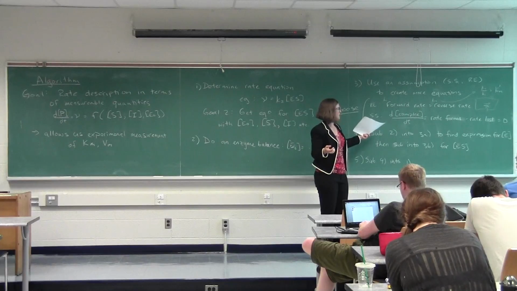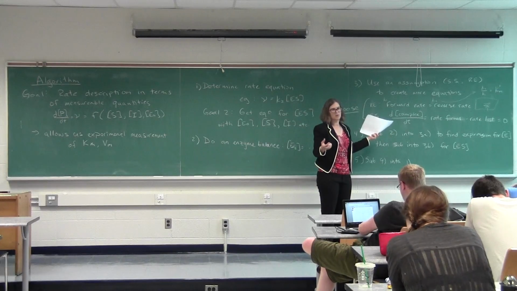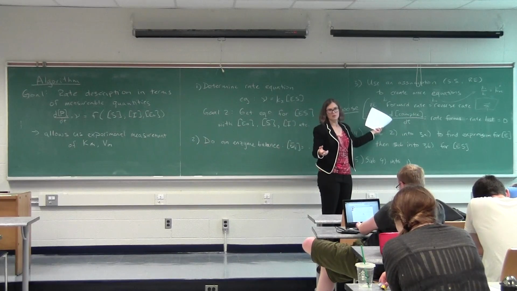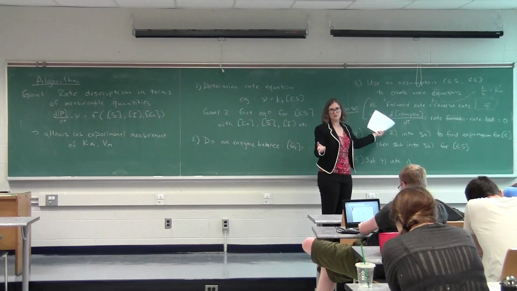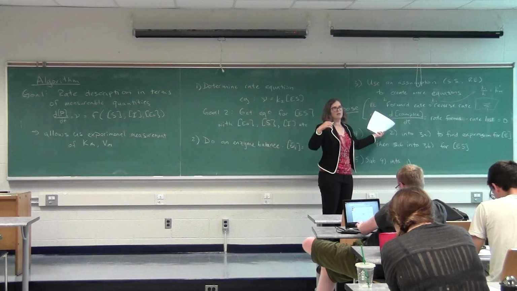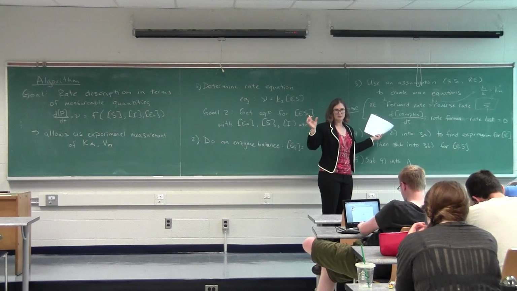Similarly, for steady state, if you have 2 different enzyme complexes, say one that includes the inhibitor, then you get 2 equations out of this because you have the 2 different complexes that involve the enzyme. Does that make sense?